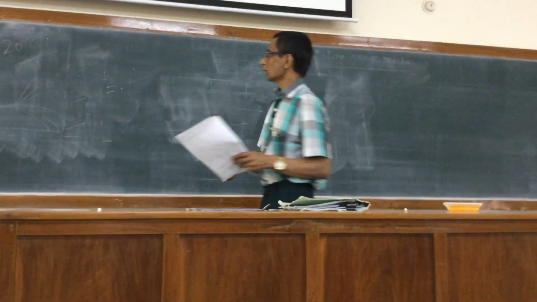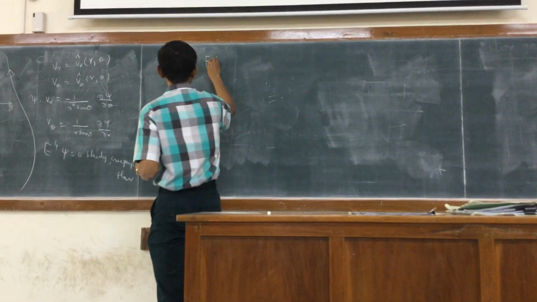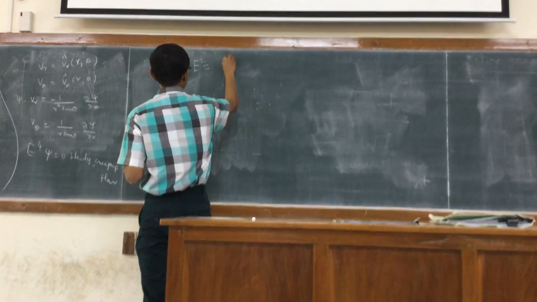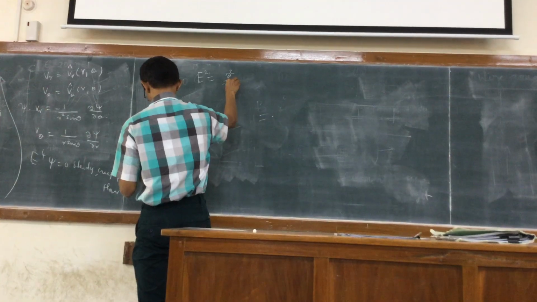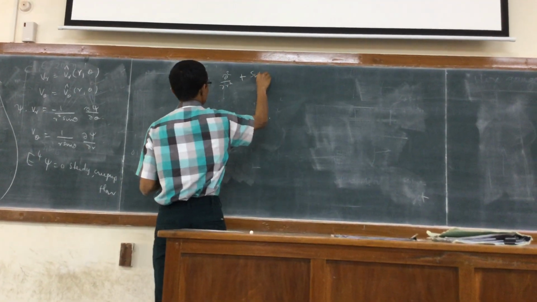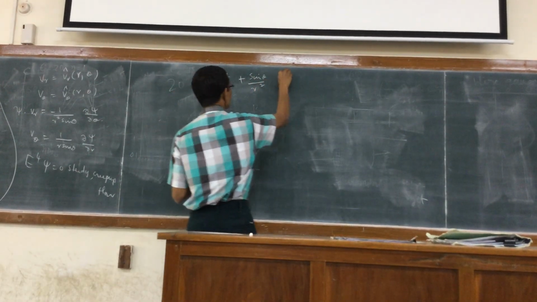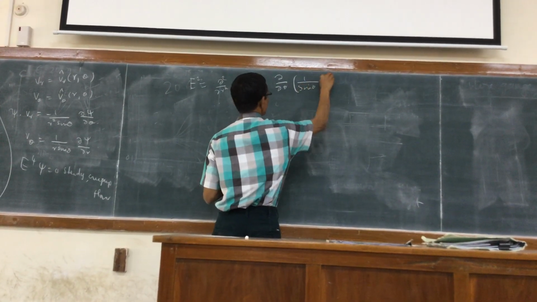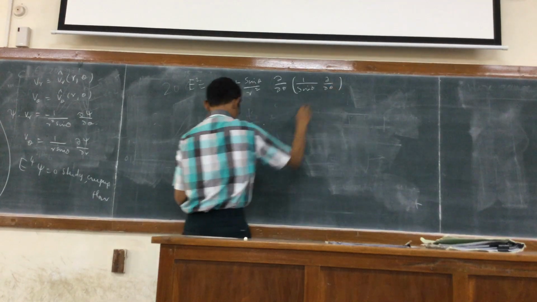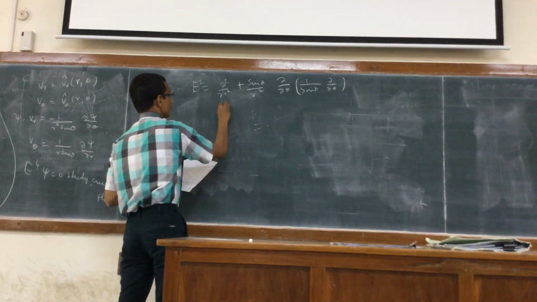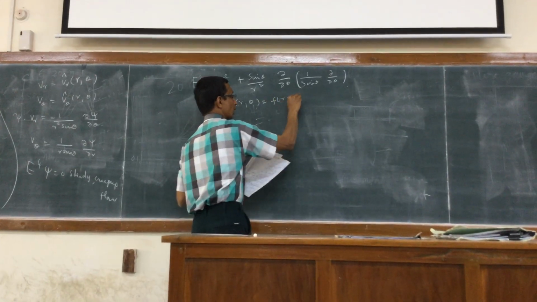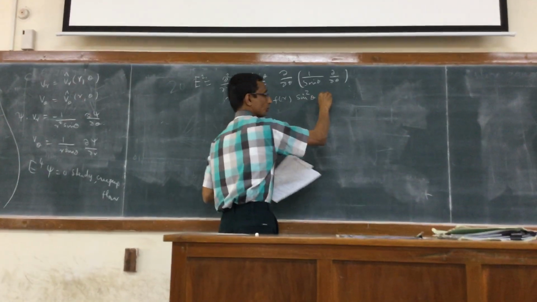So the E squared is given to be d squared by dr squared plus sin theta by r squared d by d theta of 1 over sin theta d by d theta. So we are asked to assume that psi is given by some function of r alone times sin squared theta.